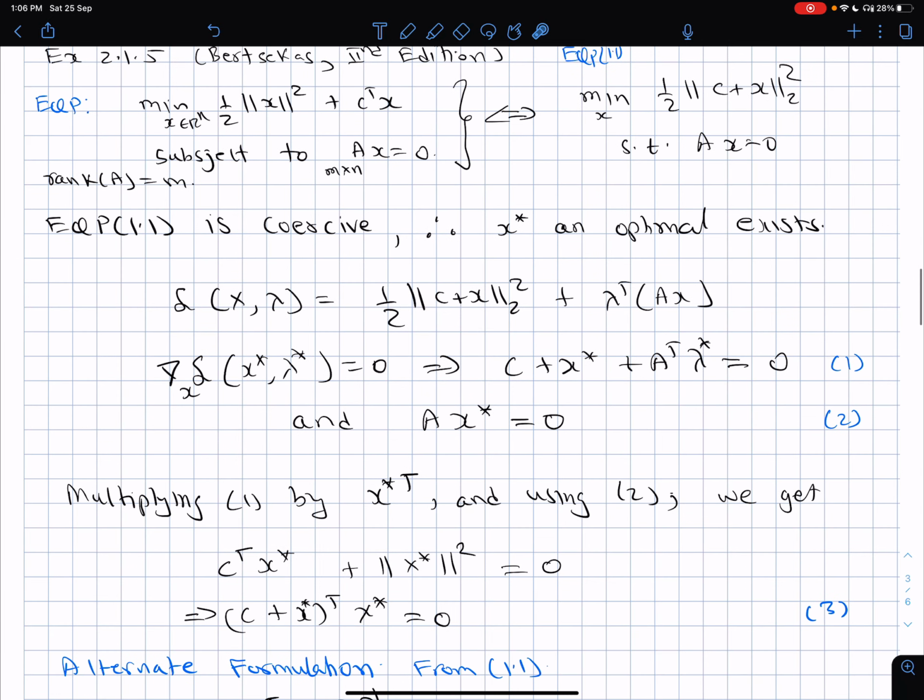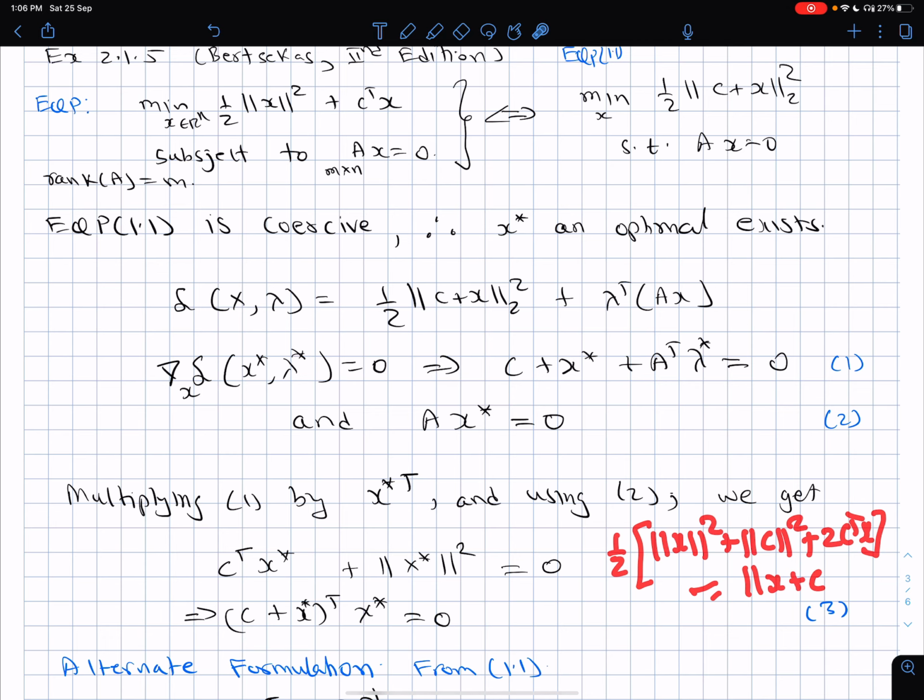So I am now looking at half of length of x square plus length of c square plus 2 times c transpose x. And if you look at this, this is nothing but half times x plus c whole square.